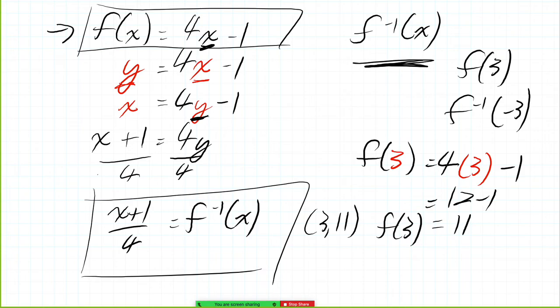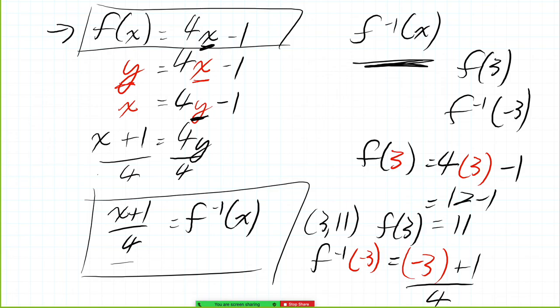Another one we could look at is the inverse of -3. So we actually take this equation, I got an extra equal sign in there I want to get rid of. Let's rewrite this again. So we're going to say the inverse function, and we're going to substitute -3 in. So the inverse function actually has an x to start. All of this is over the value of 4.